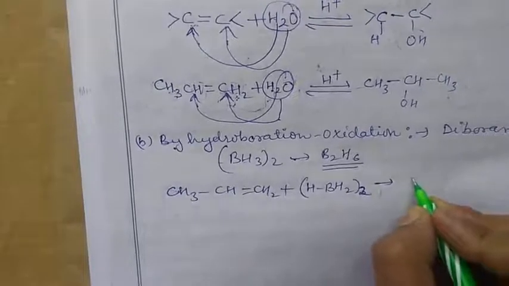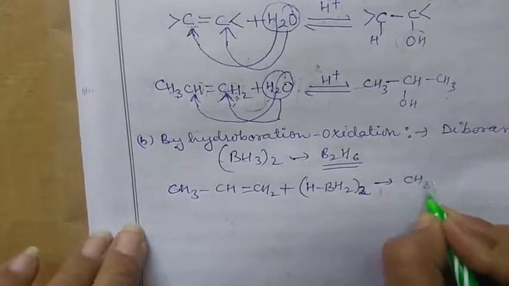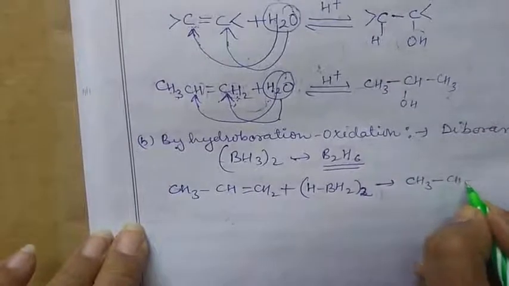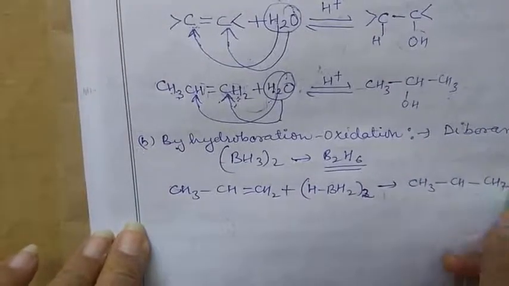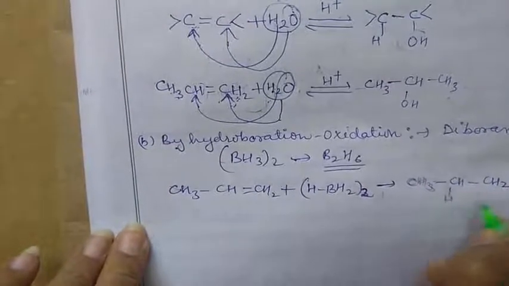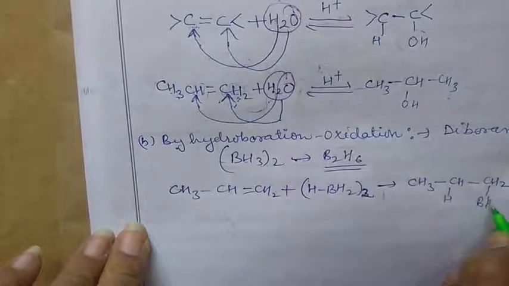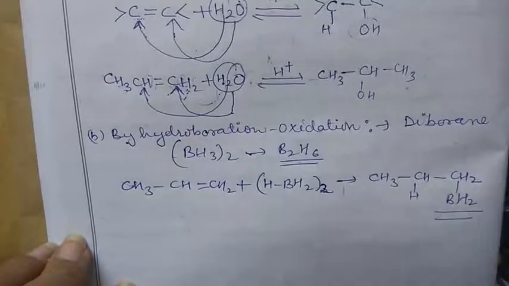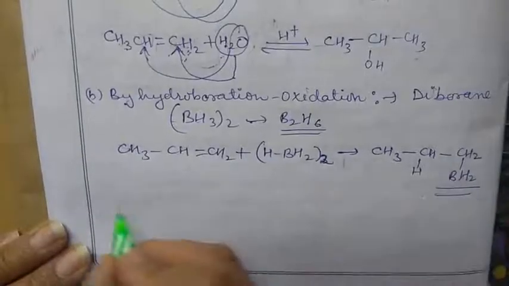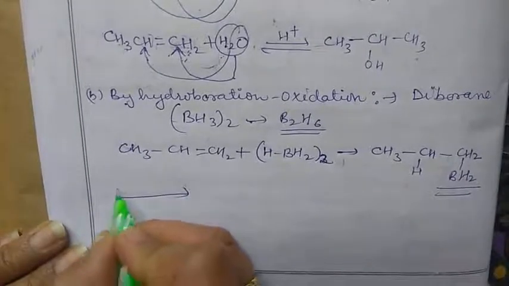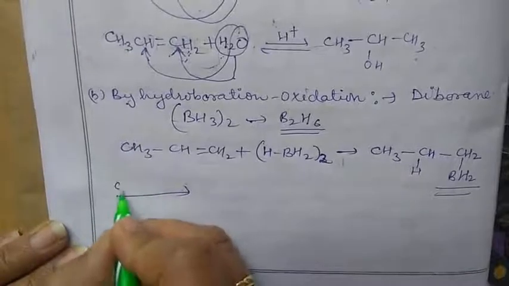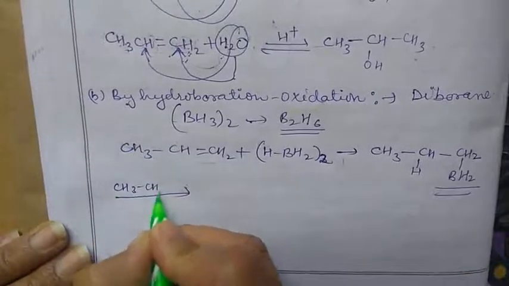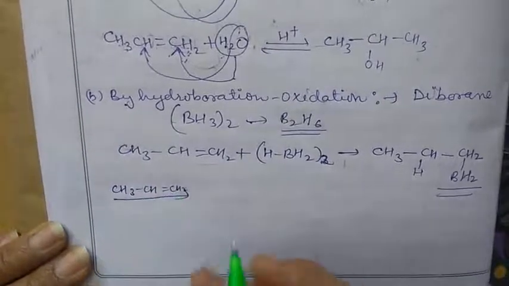So what happened? Now we have CH3 CH single bond CH2. Here hydrogen is attached, and BH2 is attached here. Now again this one is treated with unsymmetrical alkene, that is CH3 CH double bond CH2.